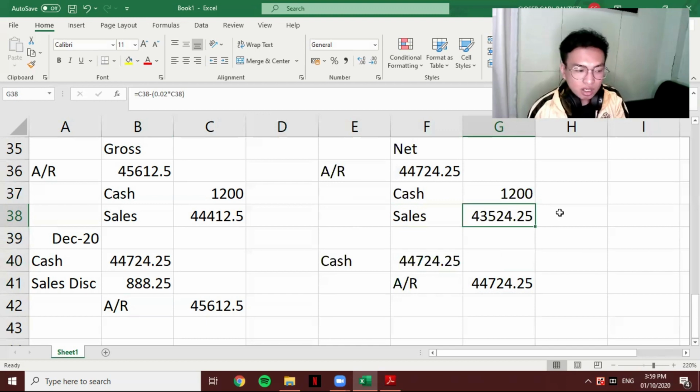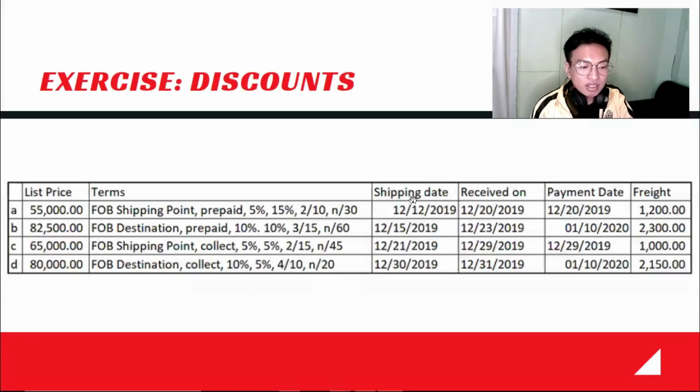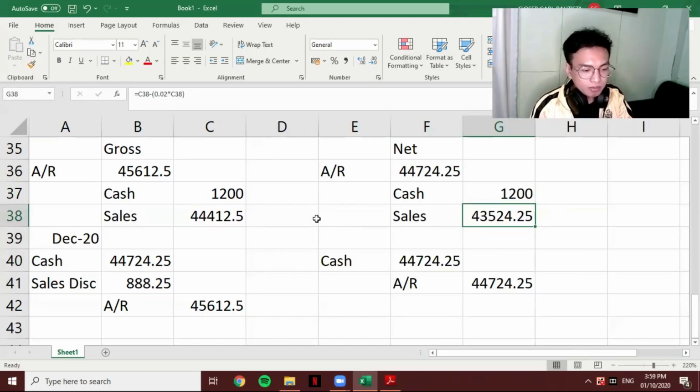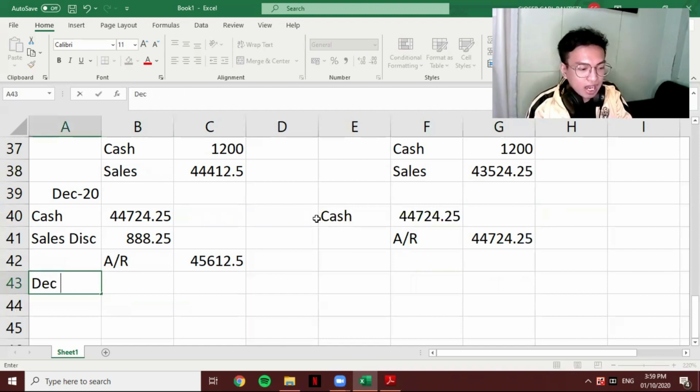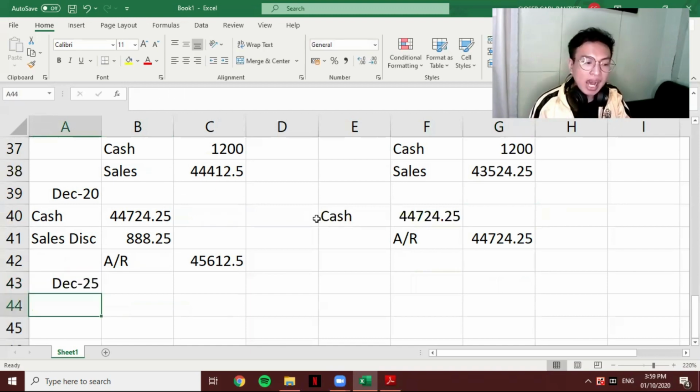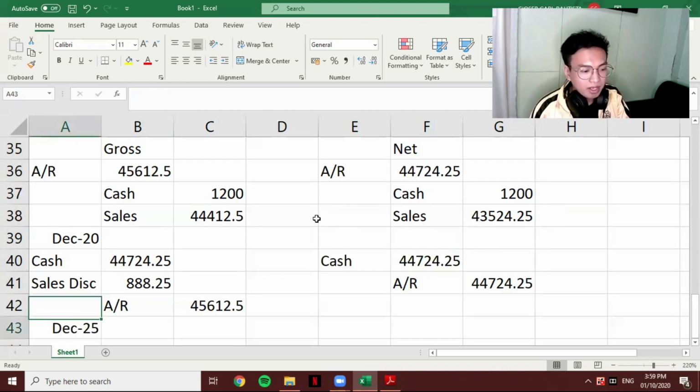Sir, pwede po bang i-assume natin, paano kung hindi sila nakapagbayad within December 22? That is your invoice date plus 10 days after. So, let's assume na on December 25 pa sila nakapagbayad. What will happen? Gross method ulit tayo and net method.